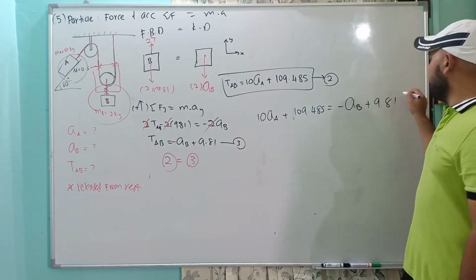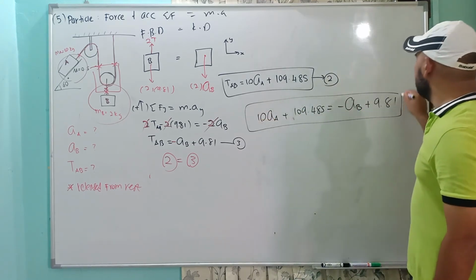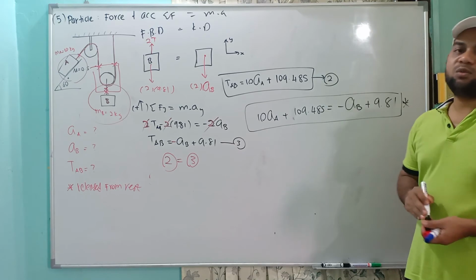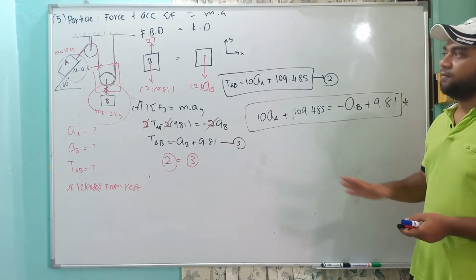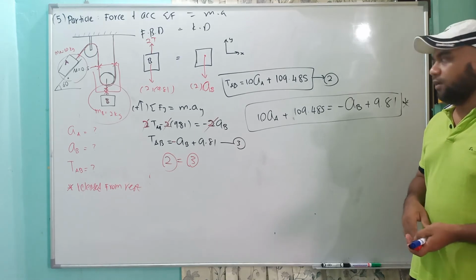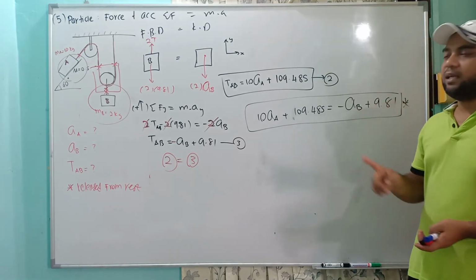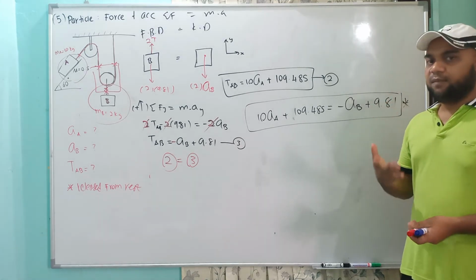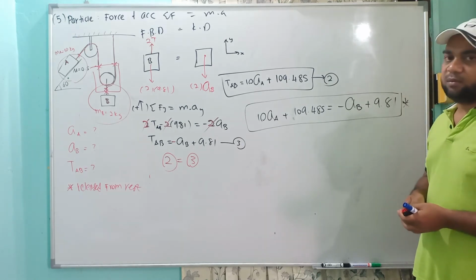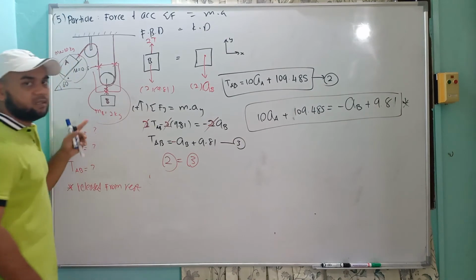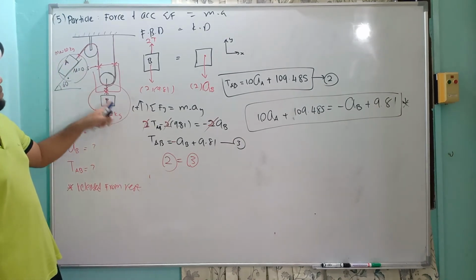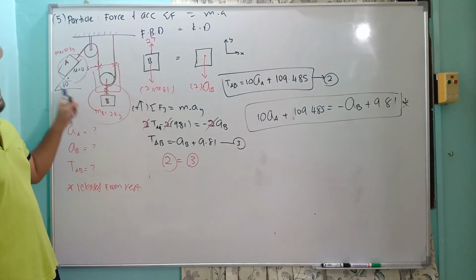Okay, we have this one final equation, but we still have 2 unknowns. Directly from here we cannot solve, because we have only one equation, leaving us still with 2 unknowns.